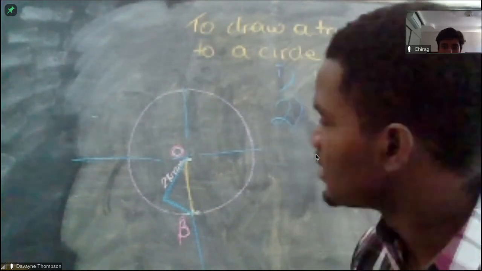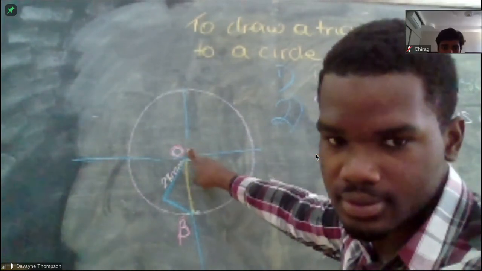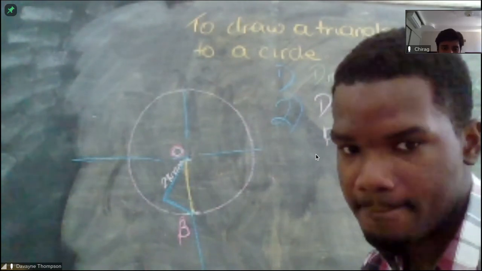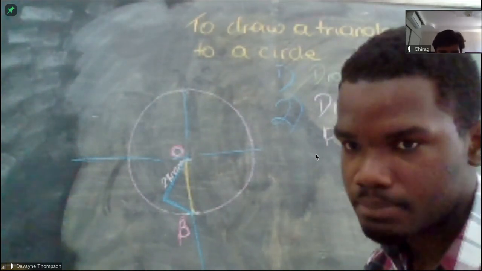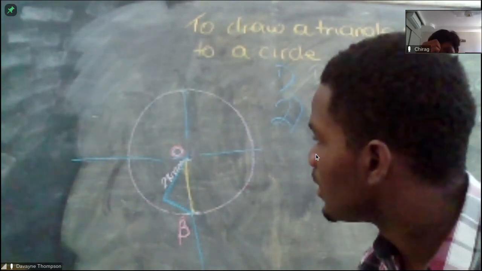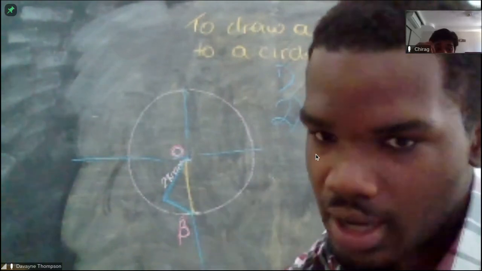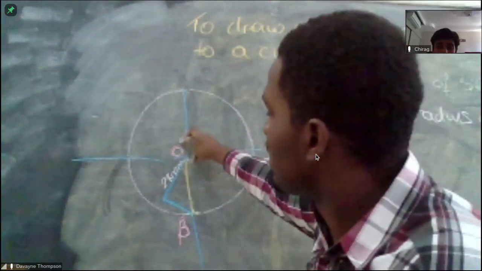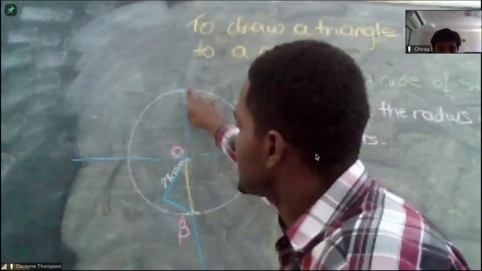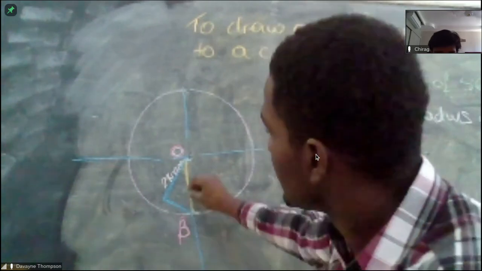Excuse my drawing, but this is the center, going down here, which is the point on the circumference, B. So the line overall is a diameter of 56 and the line of OB is half of 56.